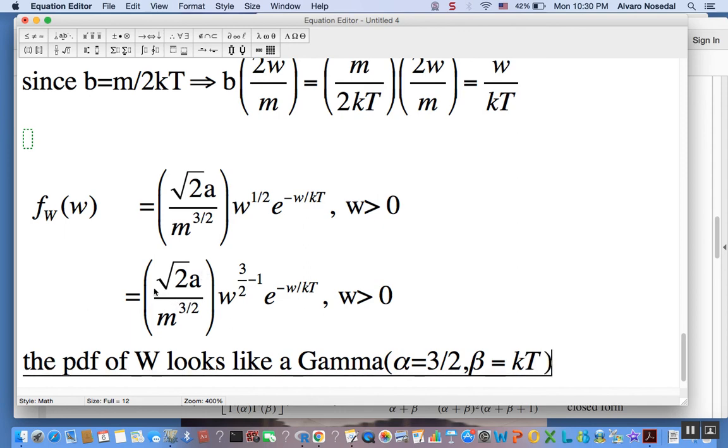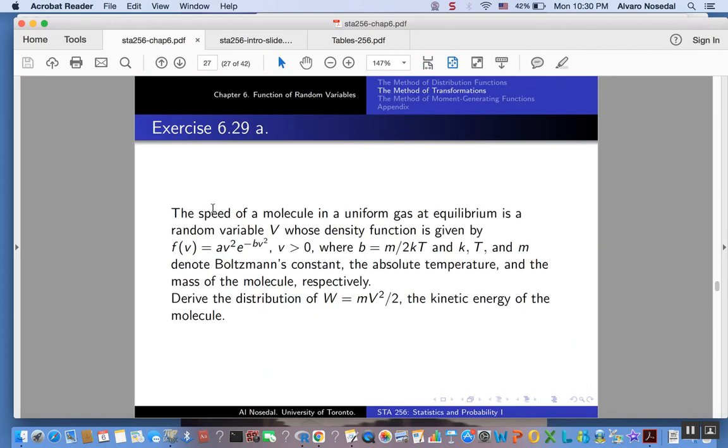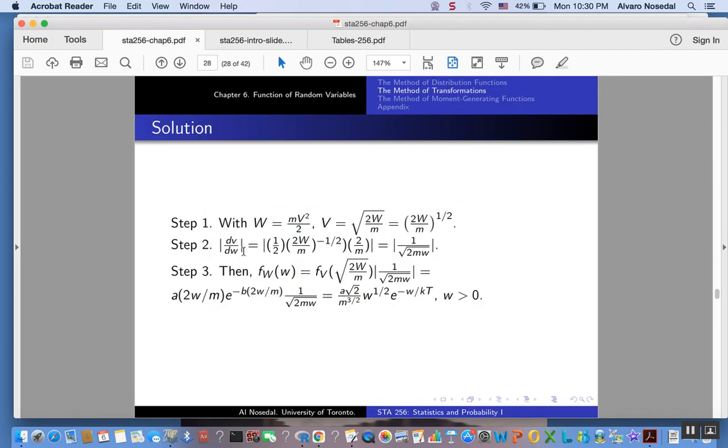So, if this guy has the hope of being a legit probability distribution, this constant here, right, better be equal to this constant here. Okay? And that's the last comment that we make here.